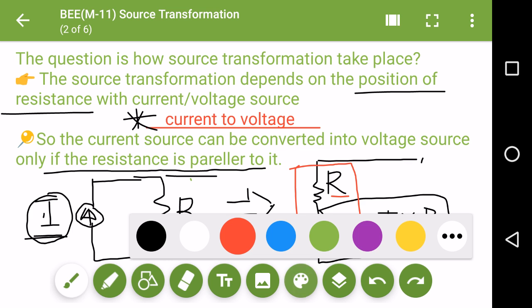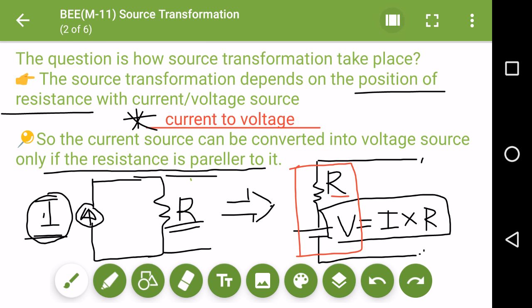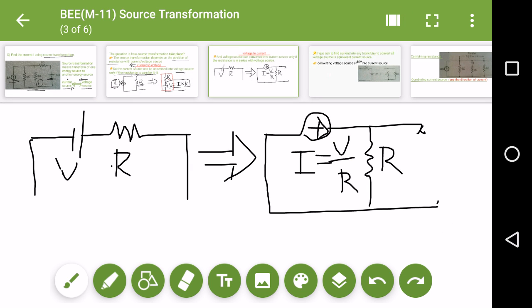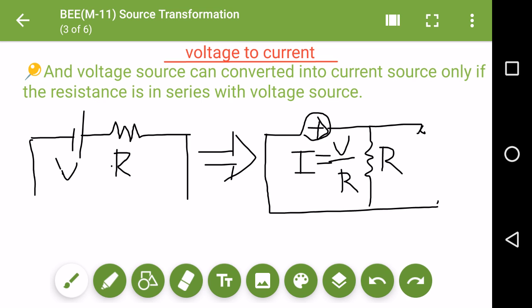Let's check how a voltage source gets converted into a current source. This is the circuit for converting a voltage source into a current source, and the voltage source can be converted into a current source only if the resistance is in series with the voltage source. After conversion, our circuit looks like this figure.